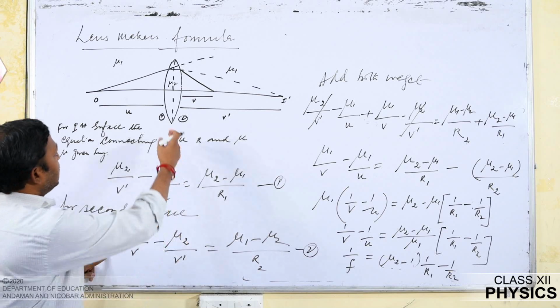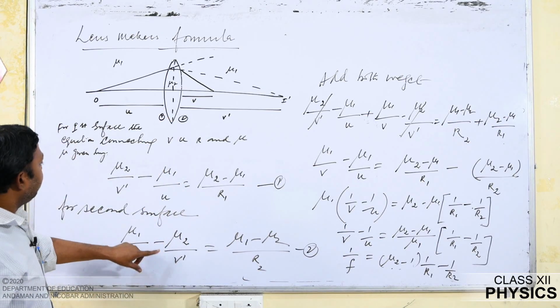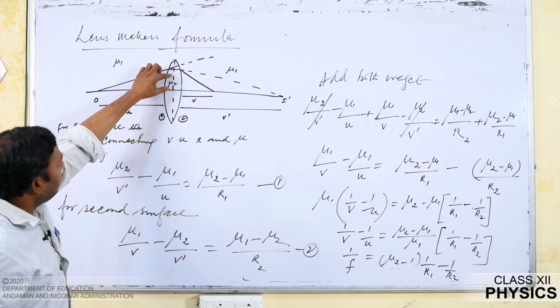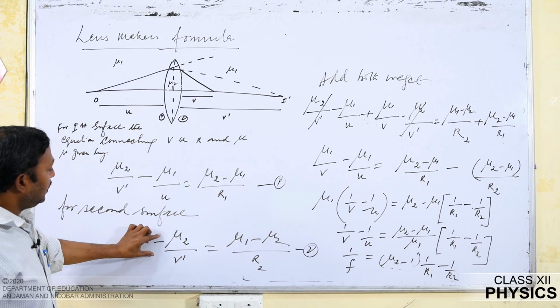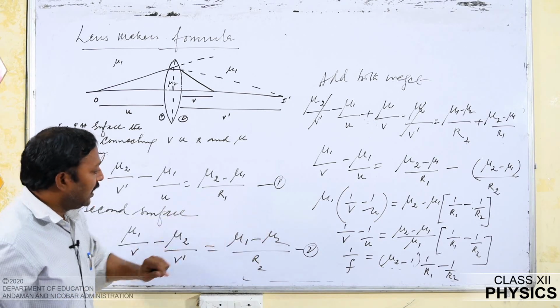Therefore, for the second surface, the object distance is v dash, and the refractive index of the medium where the object is there is mu 2. So, for the second surface, the expression becomes mu 1 by v minus mu 2 by v dash is equal to mu 1 minus mu 2 by r2.